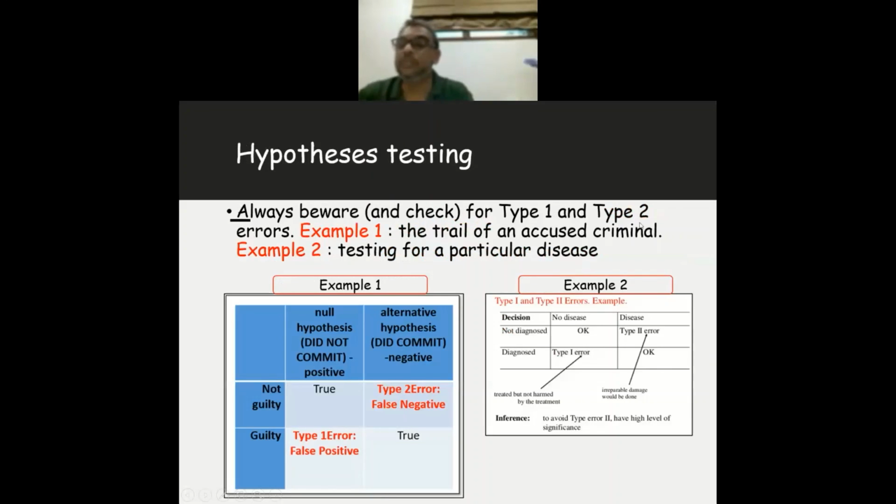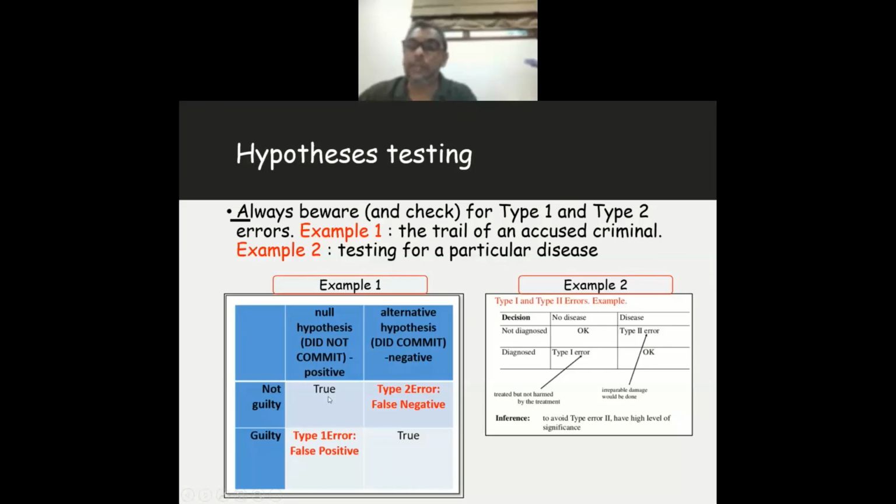Last for today is hypothesis testing. Before you do your hypothesis testing, you must always determine type 1 or type 2 error. Make sure you don't do that. Let's look at example number 1, the trial of an accused criminal.